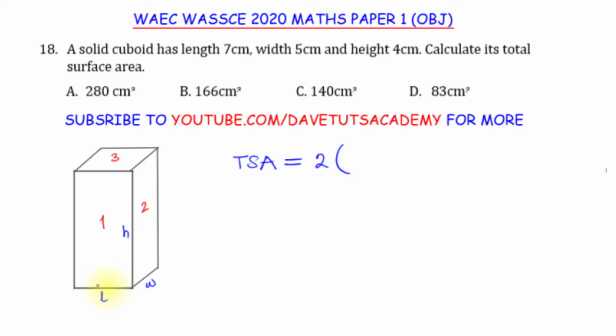So it's going to be the length times the height, plus the height times the width, plus again the length and the width. All right. Now, because we are just showing 3 here, we also have a replica of that at the other side. If I can just show that very faintly, we have something like this.